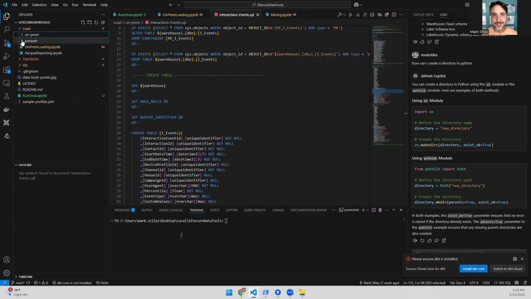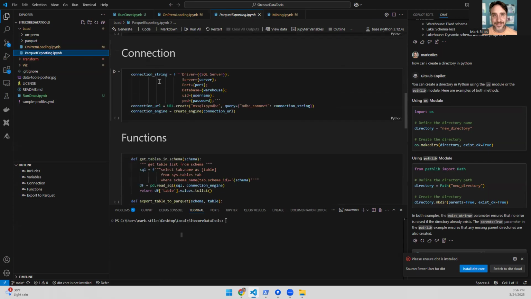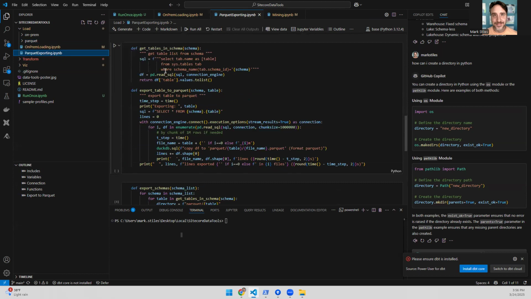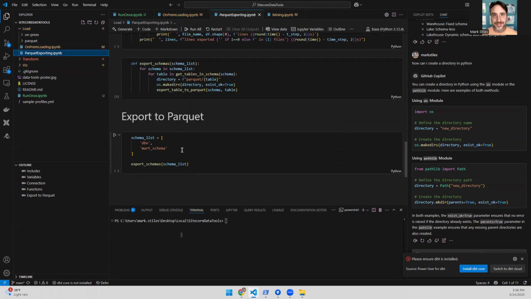Additionally, and this was something that was added on later, you can export it to a Parquet file. So this folder's here just to do that. But if you wanted to export to Parquet, once you got your finished tables and everything, or you wanted to move all your raw data somewhere else, there's a project here, same thing, pulls up the connection. And then there's these couple of functions here that actually do the export to the Parquet format.